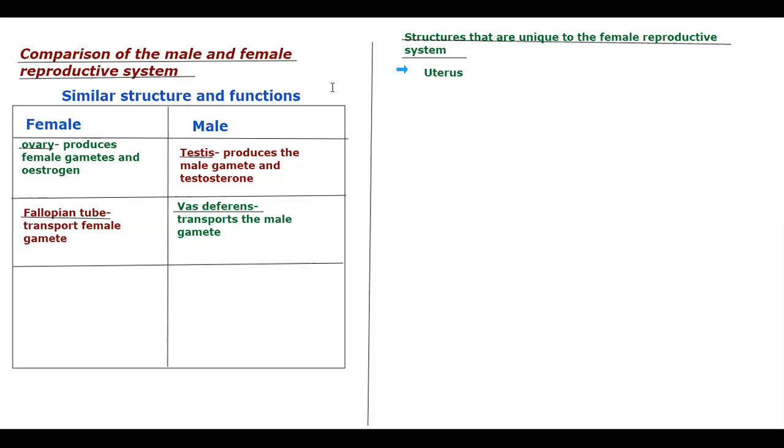The other thing that is unique to the female reproductive system is the vagina. The man doesn't have anywhere to receive sperm, right? So these are the structures unique to the female reproductive system that the man doesn't have anything matching. In a similar breath, what are things unique to the male reproductive system that the females don't have a matching copy for?